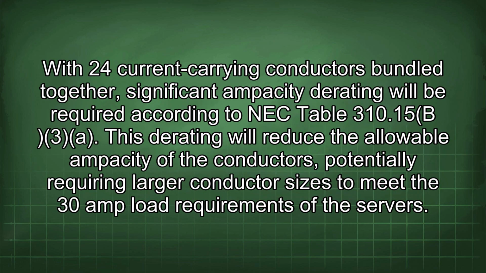With 24 current carrying conductors bundled together, significant ampacity derating will be required according to NEC Table 310.15(B)(3). This derating will reduce the allowable ampacity of the conductors, potentially requiring larger conductor sizes to meet the 30 amp load requirements of the servers.